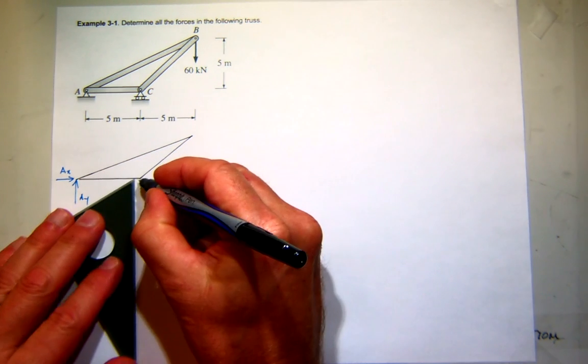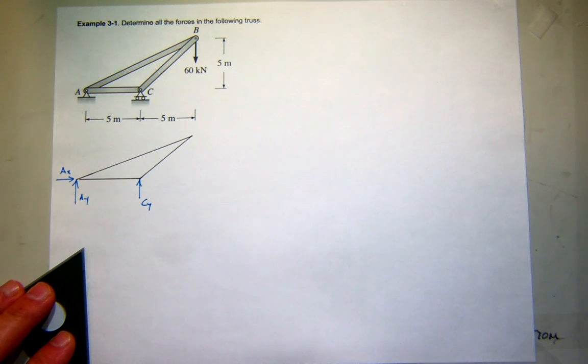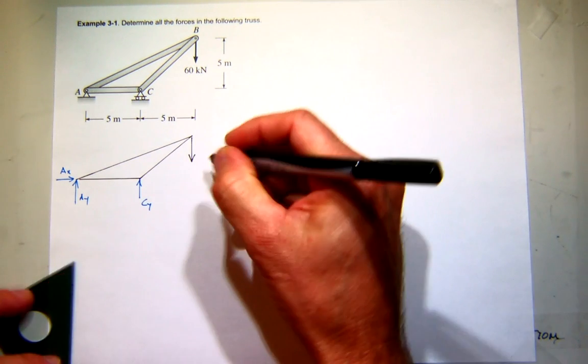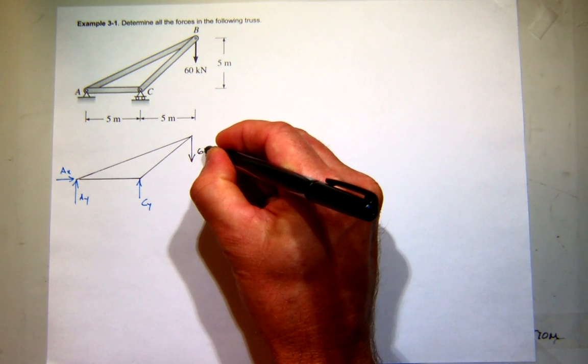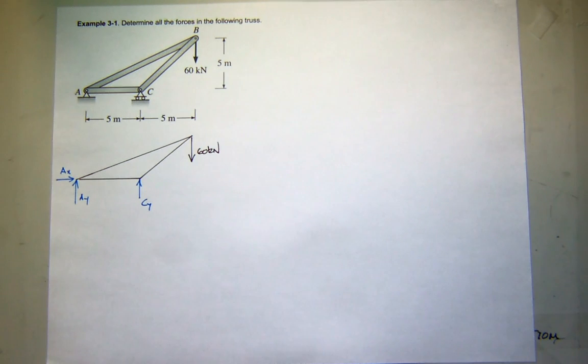And then at C, it's a roller, I'll also assume a force. And then I have my applied force out here on the end. That's 60 kilonewtons. And all my dimensions are up here when I need them.